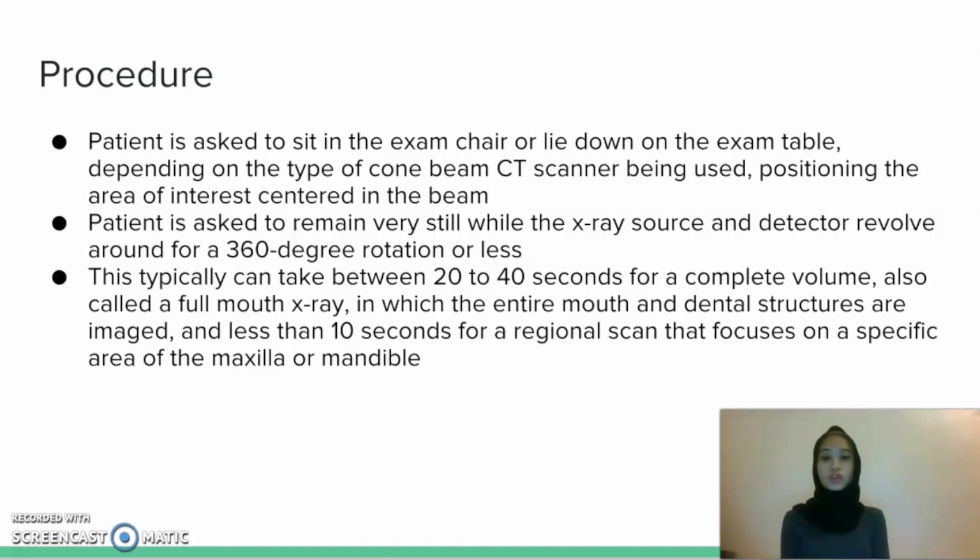This typically can take between 20 to 40 seconds for a complete volume, also called a full mouth X-ray, in which the entire mouth and dental structures are imaged, and less than 10 seconds for a regional scan that focuses on a specific area of the maxilla or mandible.